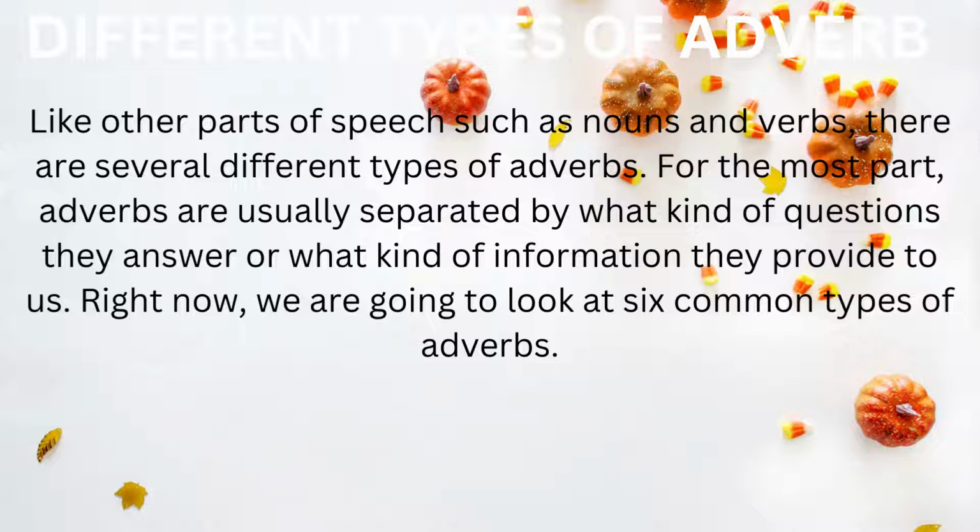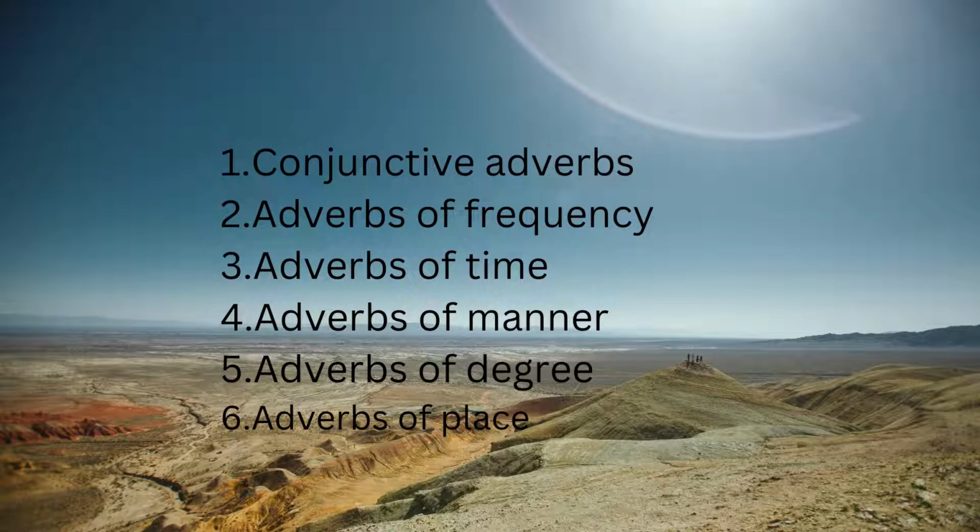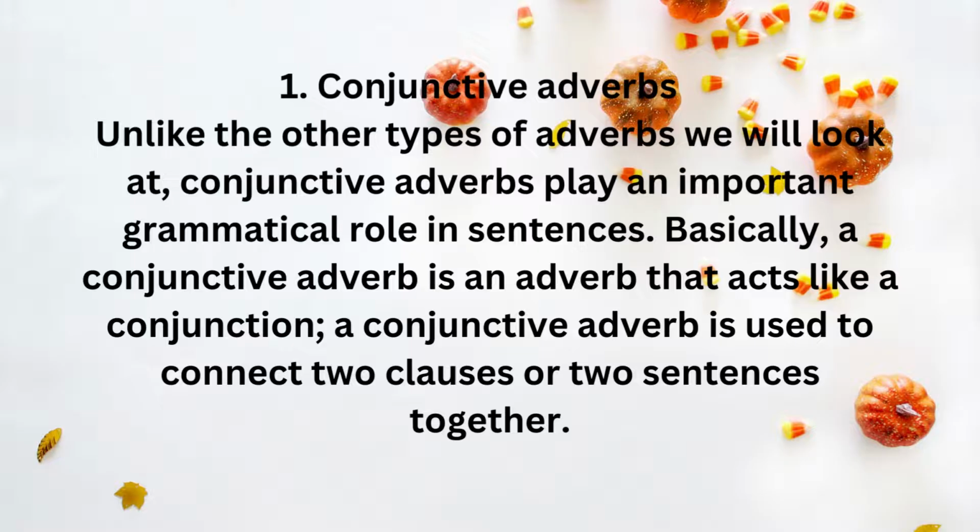Right now, we are going to look at six common types of adverbs: conjunctive adverbs, adverbs of frequency, adverbs of time, adverbs of manner, adverbs of degree, and the final one is adverbs of place. The three most commonly used types are numbers 2, 3, and 4. However, the remaining three are also used in our everyday life.